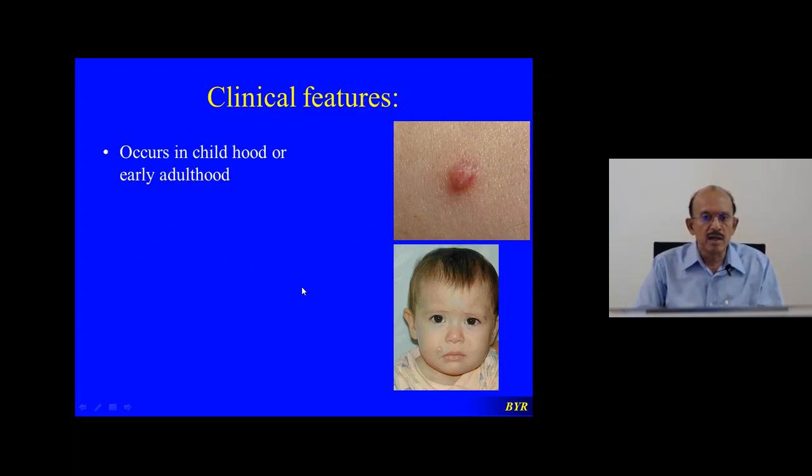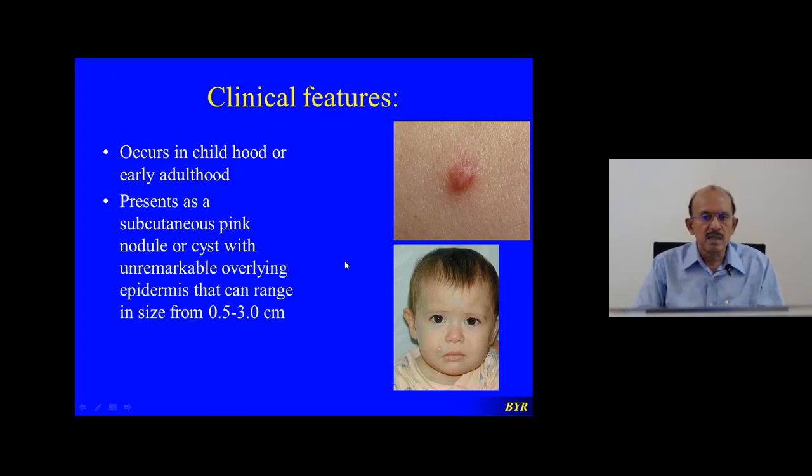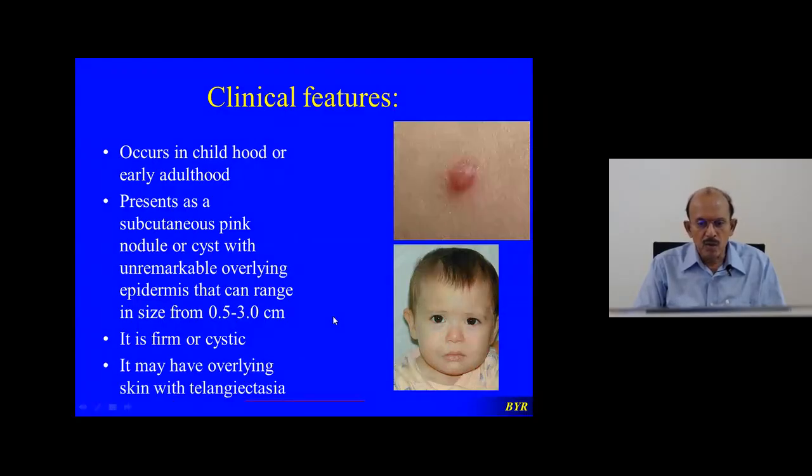Occurs in childhood or early adulthood. Presents as a subcutaneous pink nodule or cyst with unremarkable overlying epidermis that can range in size from 0.5 to 3 centimeters. So the size of the nodule can be anywhere between 0.5 to 3 centimeters. It is firm or sometimes cystic. It may have overlying skin with telangiectasia.